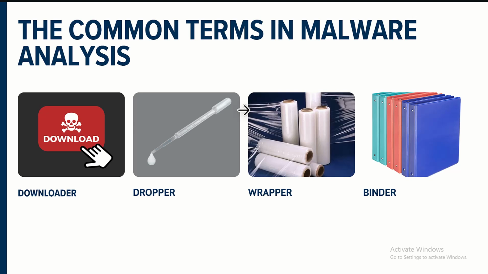And binders combine two or more files into a single executable, often binding malware with legitimate software. In some cases, binders and wrappers have the same analogy and the same structure.